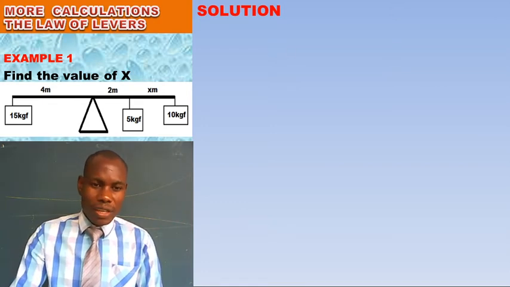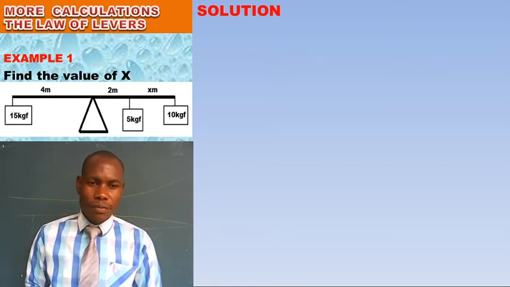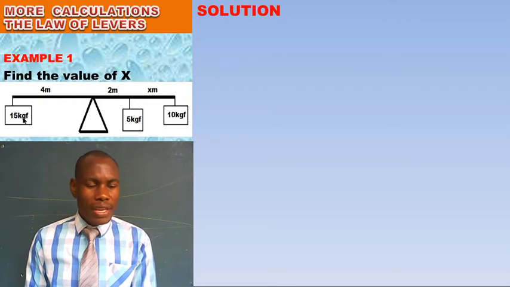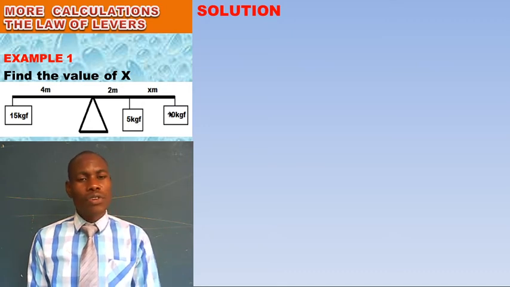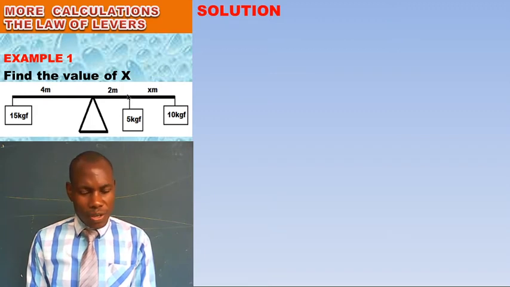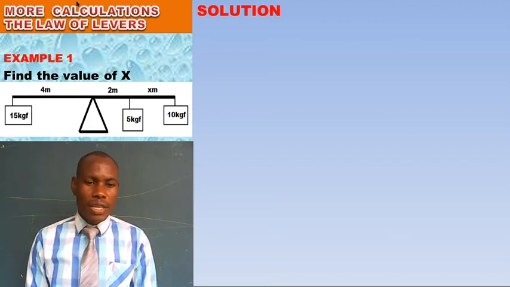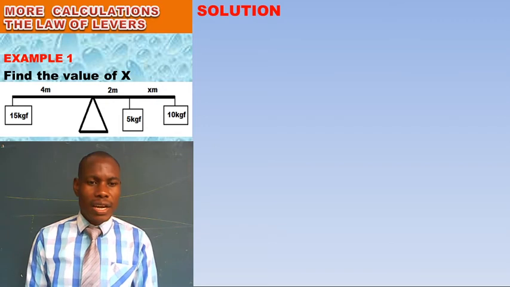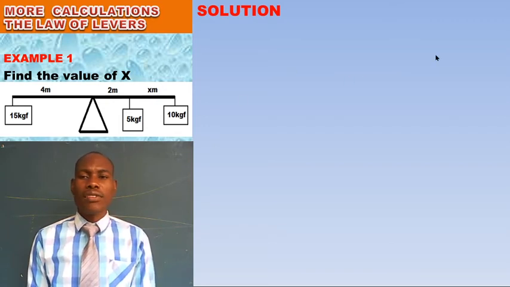That means that we multiply 15 kilogram force by 4 meters, and then we multiply 5 kilogram force and 2 meters, and we also multiply 10 kilogram force and x meters plus 2 meters. We shall be able to get the same answer. They should be balanced. Are we together? Therefore, let us attempt.